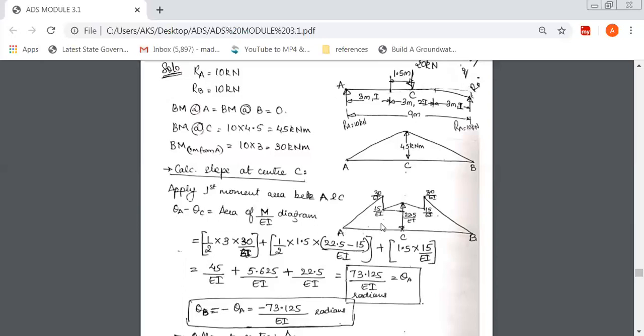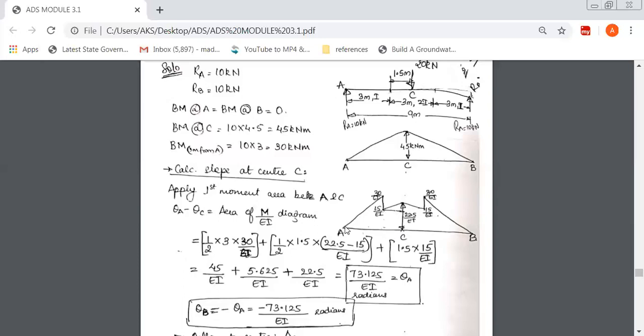So theta A minus theta C is equal to the area of the M over EI diagram between A and C, only this portion. Okay, so again, area. Now if you check this out, we have split it into 3 parts. This is one triangle, this is another triangle, and this is a small rectangle.